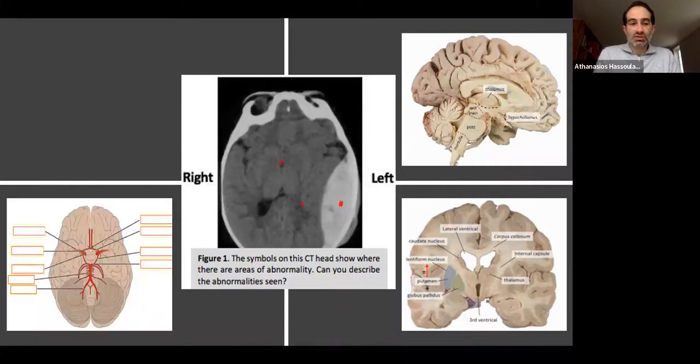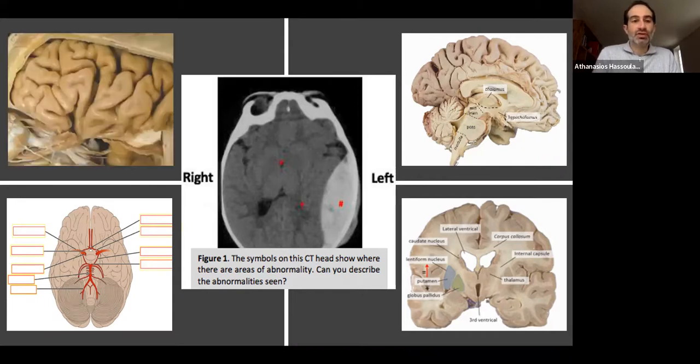In the anatomy center, you'll also have the opportunity to explore certain structures of the brain, blood supply to the brain, and so on. And in addition, you'll have the opportunity to actually handle the human brain and gain a better understanding of what the human brain actually looks like in 3D form.